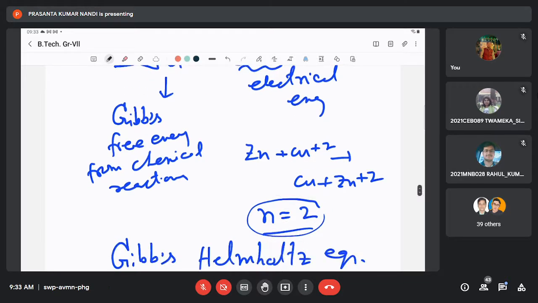Can you remember what 1 Faraday is? It is equal to 96500 coulombs. For calculation purposes, we generally take 96500 coulombs.